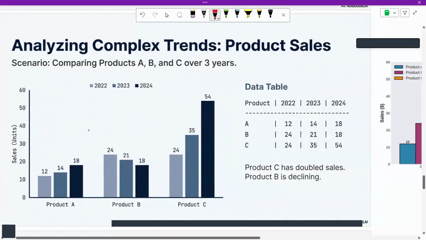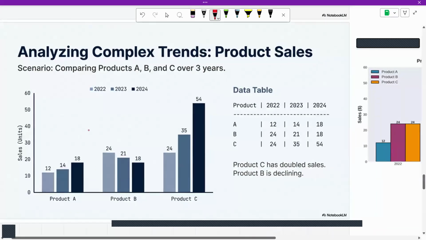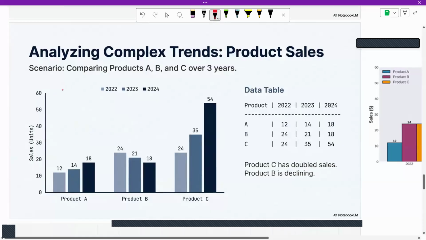Analyzing complex trend and product sales. Here the scenario is comparing products A, B, and C over the last 3 years. So the products are given, A, B, C, and the years 22, 23, 24.